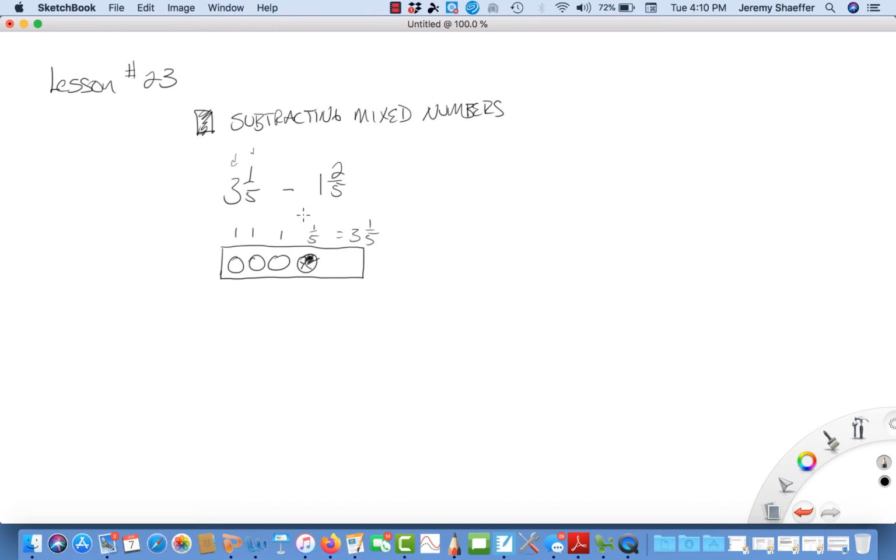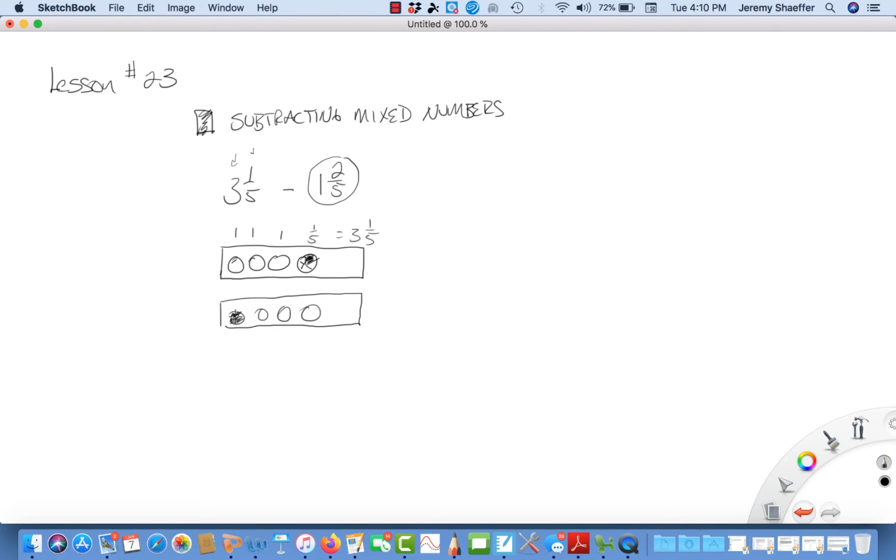All right. So how are we going to take away 1 and 2/5 pies? Well, if we take 1 away, you notice that they have another section of a shelf. So we have 1, 2, 3, 4. There's our 4 pies.